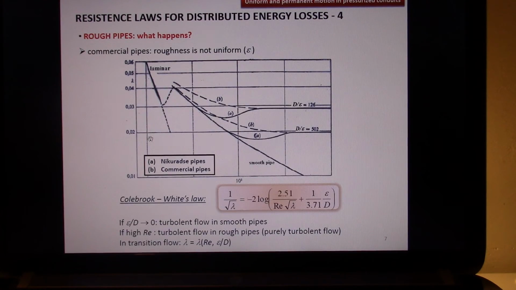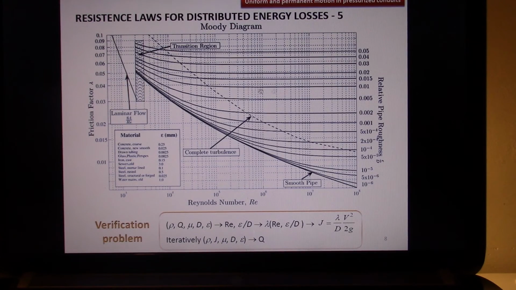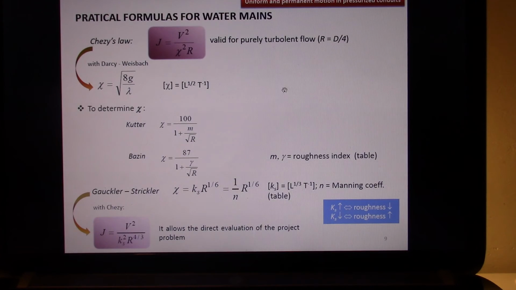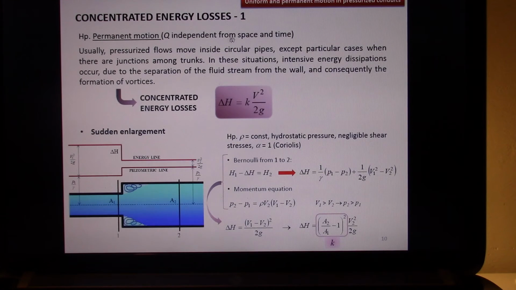Then remember again that we have seen how to evaluate the Moody diagram and what the critical formulas for water mains are.